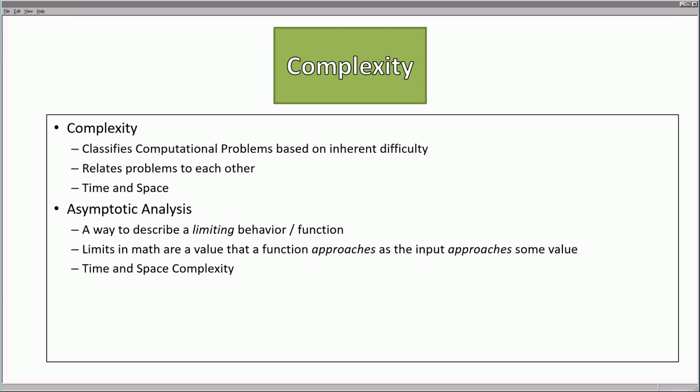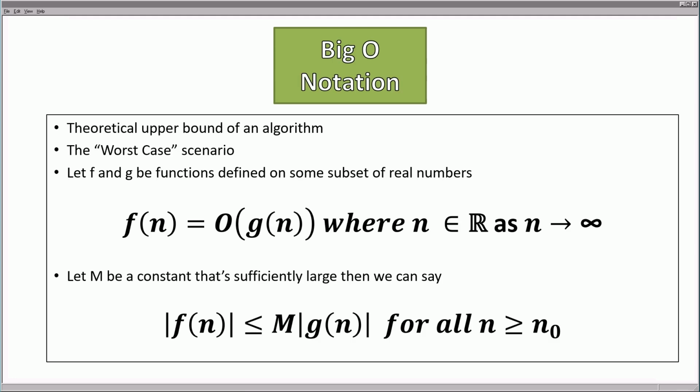that we can describe the limiting behavior of some sort of function. And also as a reminder, remember that limits in math are a value that a function approaches as the input approaches some value. We had then introduced this big O notation. This is a mathematical notation that basically means the worst case scenario, the theoretical upper bound given some amount of data in.